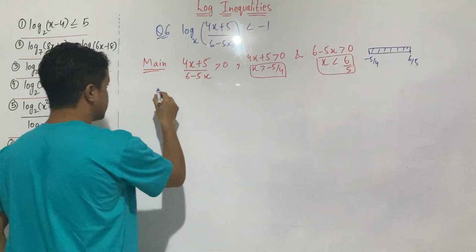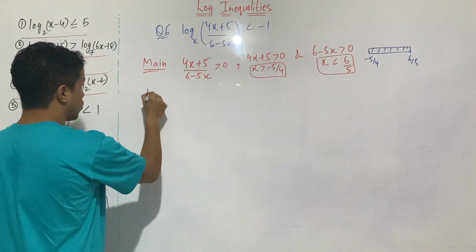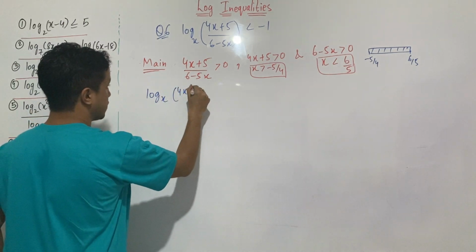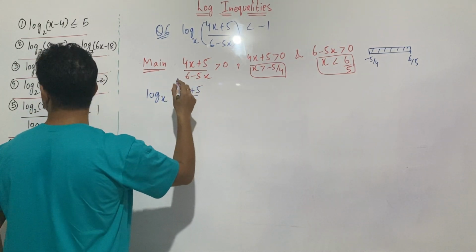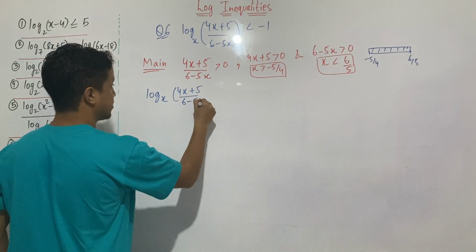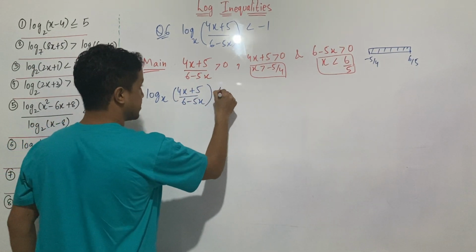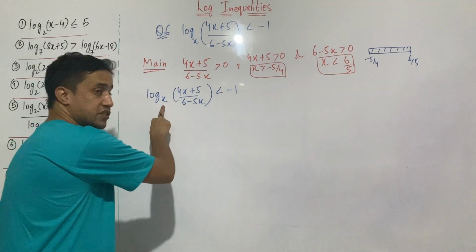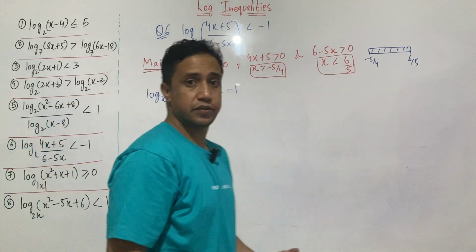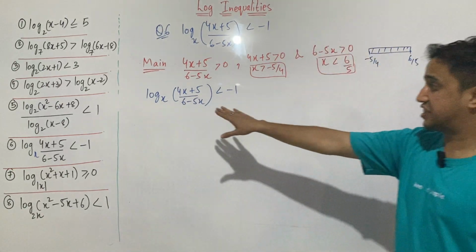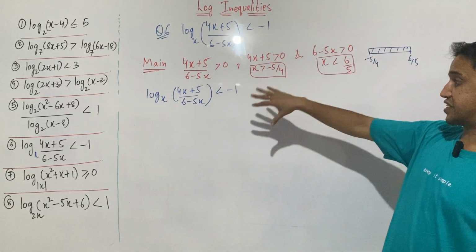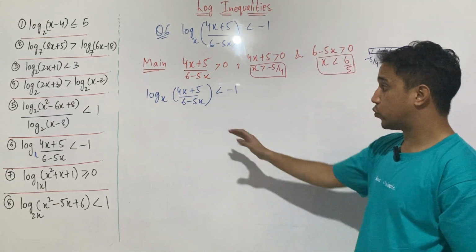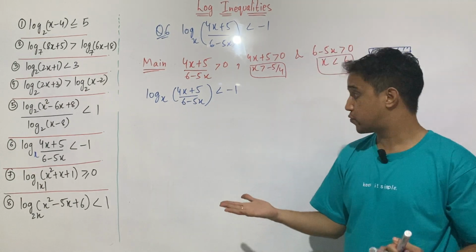It says log of (4x+5)/(6-5x) to the base x is less than -1. Now this base is variable, so it can be greater than 1 and it can be between 0 and 1.